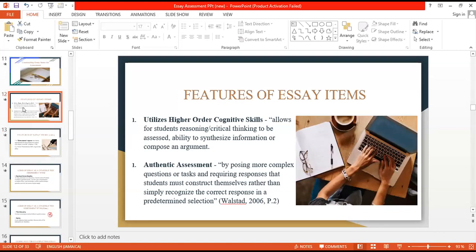Now, given an essay, students are given a topic that they want to argue, and they now have to create their own responses. So they don't have an option to select from. And versus the short answer, in the essay they get to write more. They're given more words to choose from. They can write more sentences.